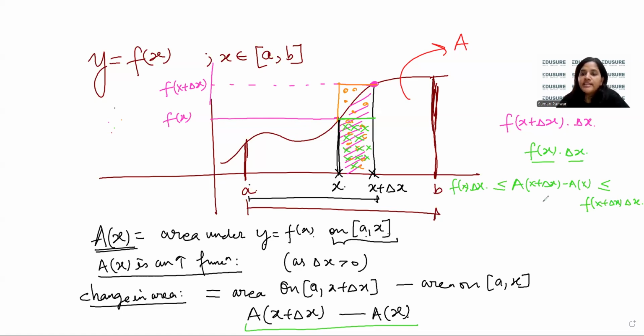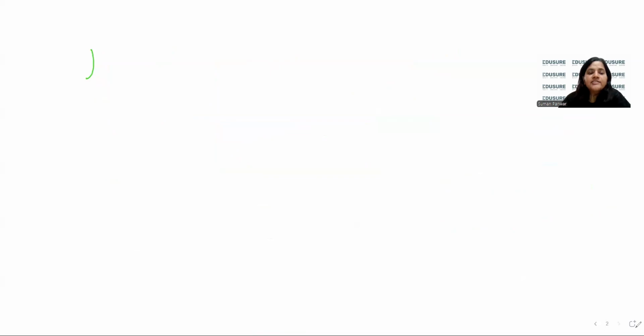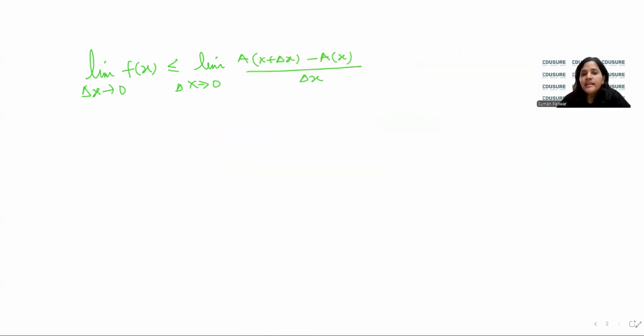So we divide this inequality by delta x. We get f(x) less than or equal to [A(x + delta x) minus A(x)] divided by delta x, less than or equal to f(x + delta x). Now we take the limit as delta x goes to 0: the limit of f(x) is less than or equal to the limit of [A(x + delta x) minus A(x)] divided by delta x, less than or equal to the limit of f(x + delta x).